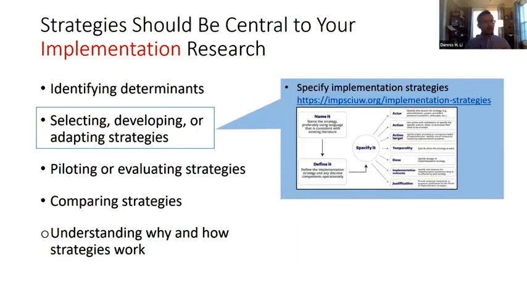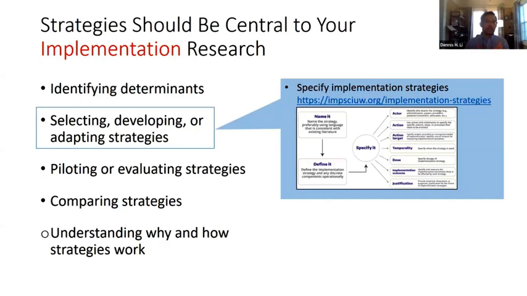And regardless of how you select your strategies, it's critically important that you are very specific about those strategies. Following this diagram, there's a website dedicated to this, you really want to name what strategy you're using and define it, and then specify it based on who's doing the strategy, who it is targeting, when it is happening, in what dose, and whether it is repeated or a one-time thing.